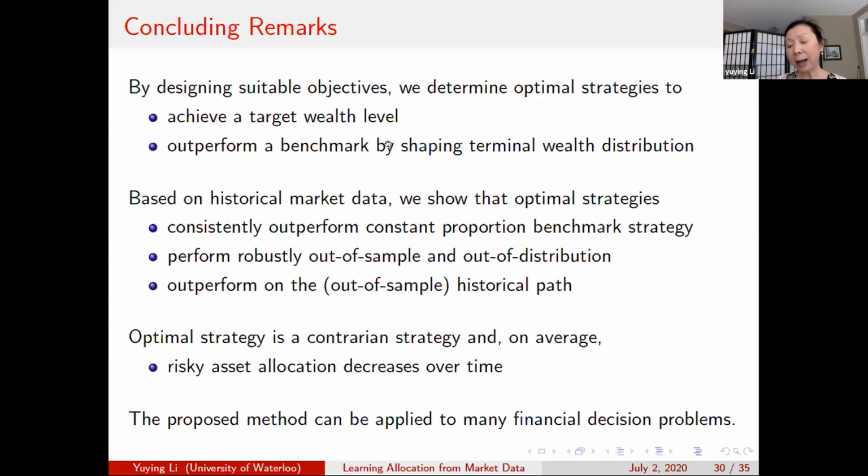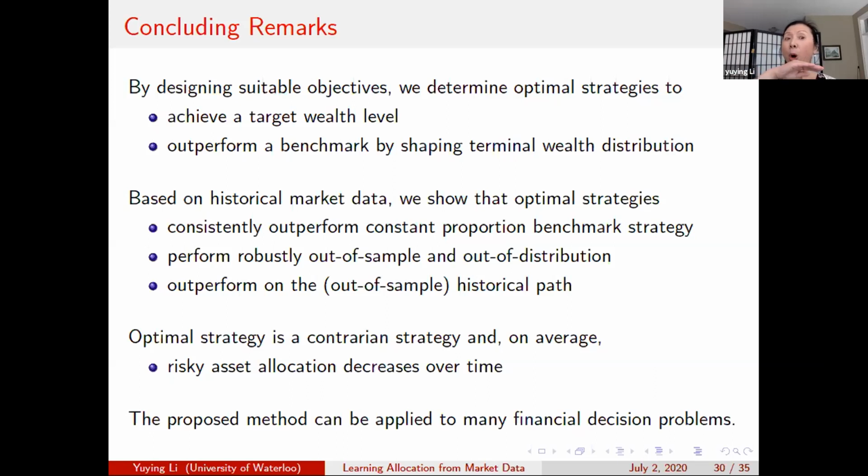And we designed the objective function for the pension retirement allocation problem with different kinds of considerations, to achieve that objective, right?